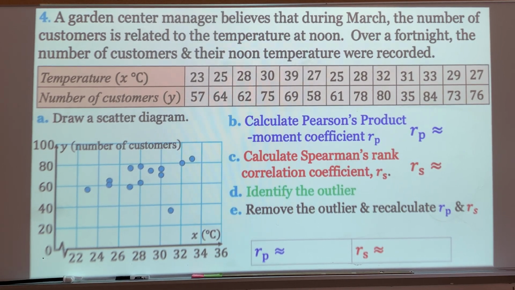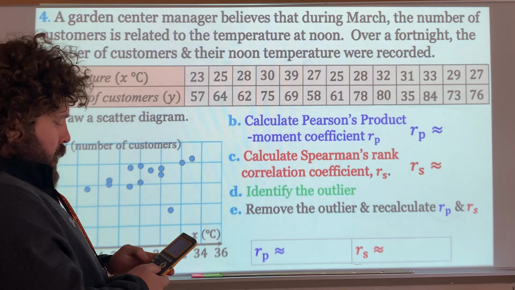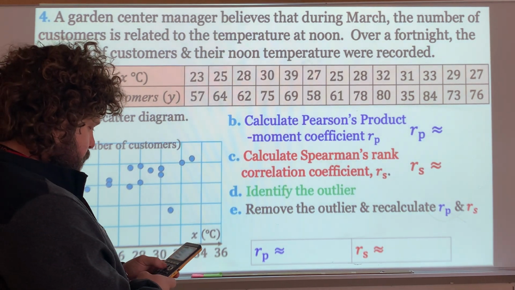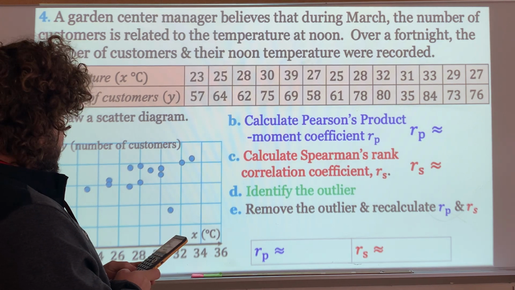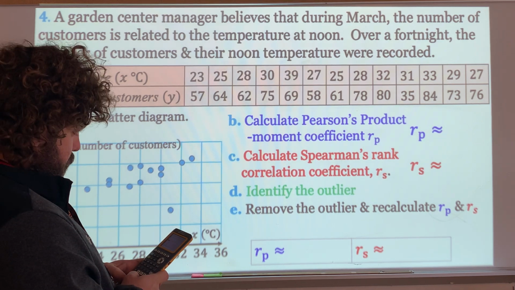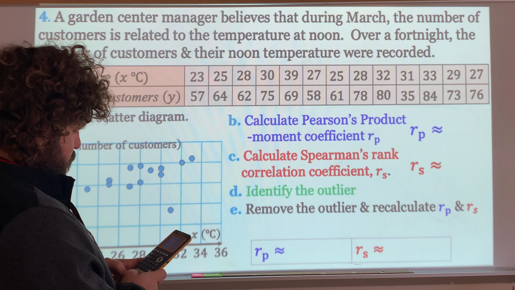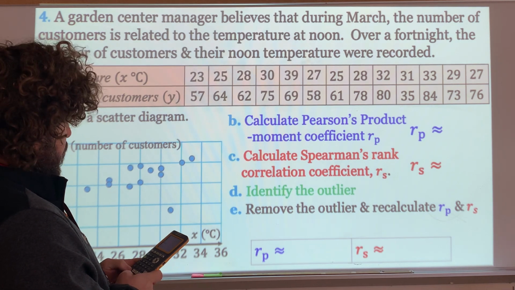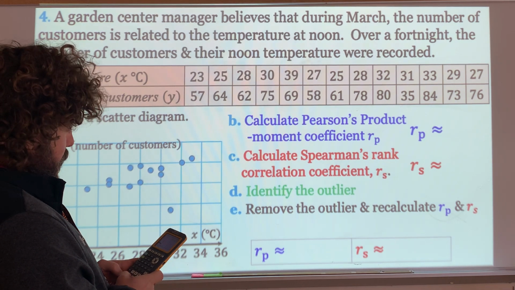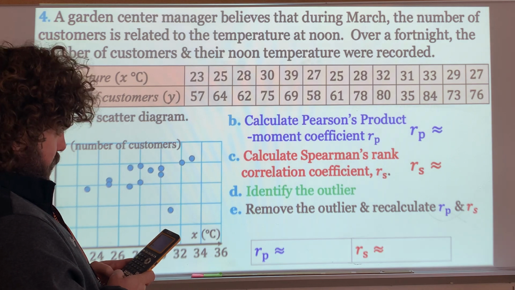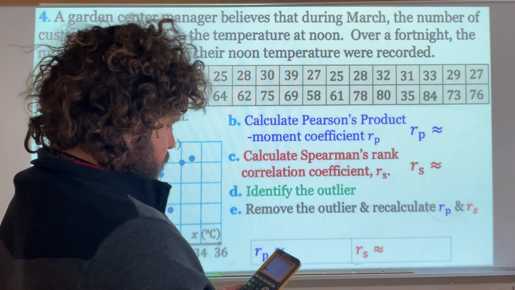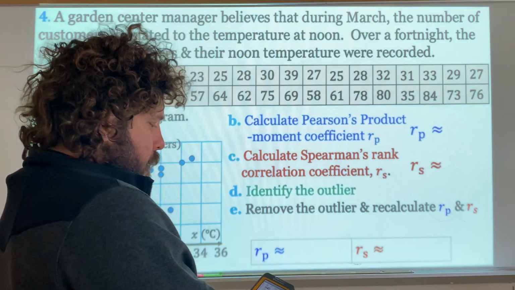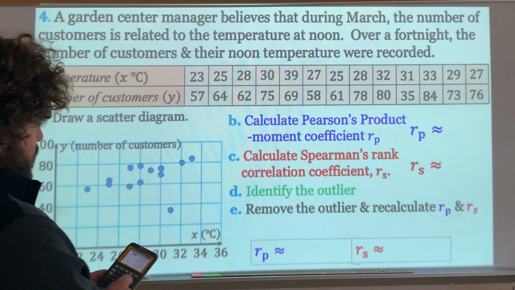All right, so type this in: stat, edit. So 23, 25, 28, 30, 39, 27, 25, 28, 32, 31, 33, 29, 37. Woohoo! First column done.